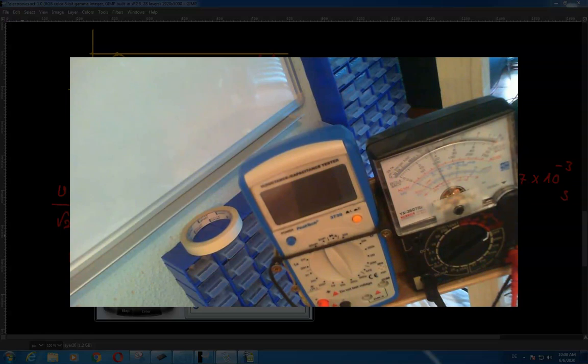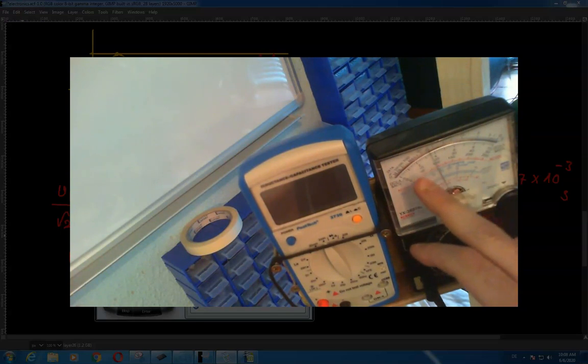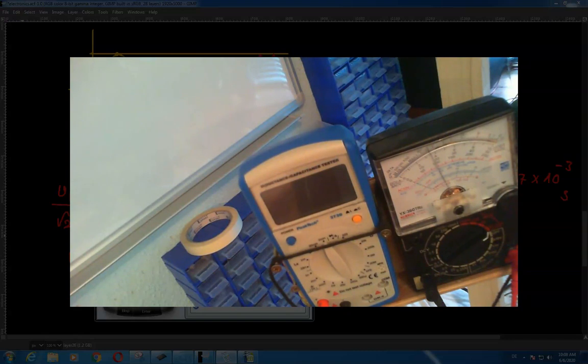The meter is telling me that the voltage is about, on 10 volts, well, 3.5 volts, give or take. It doesn't have any problems to show the voltage.